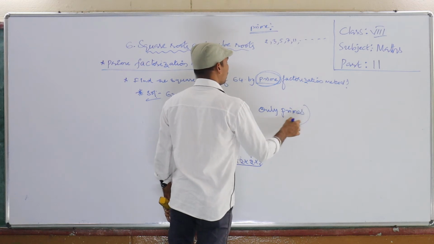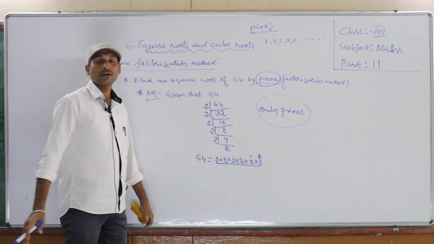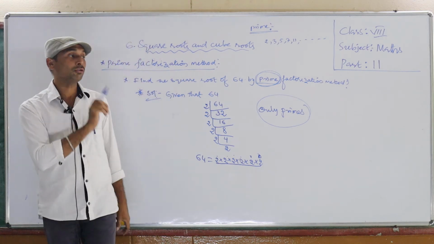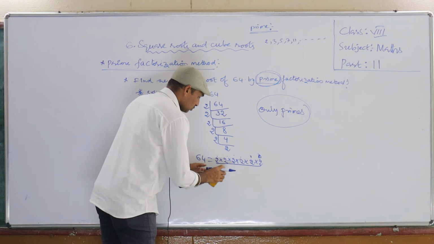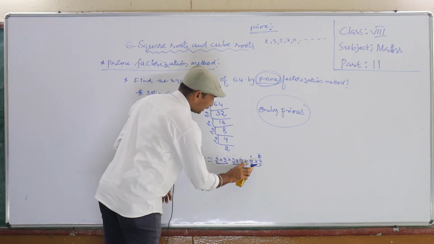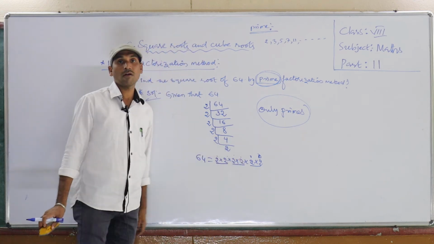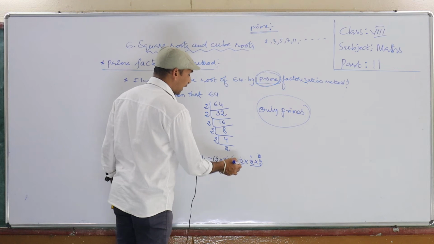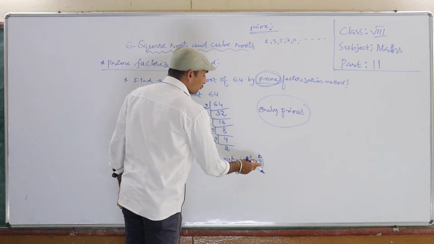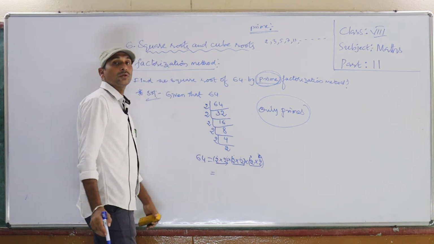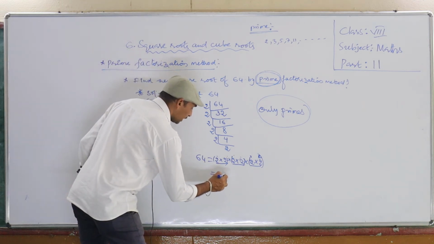After getting this, first we have to make pairs. One pair means two numbers we have to take. So these two are one pair, these two are one pair, and these two are one pair. After making the pairs, for each pair we take one number.